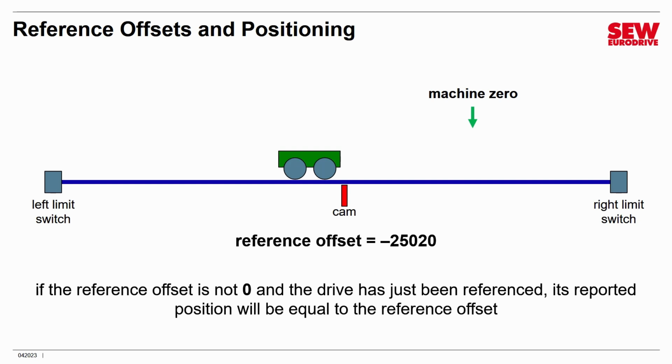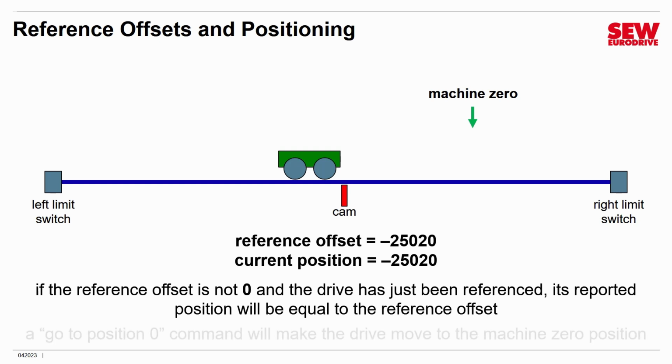Now, if we have just referenced the drive and we've just tapped the cam and stopped, you might think, well, shouldn't position be zero? Well, the answer is no, because we're not actually at zero. We're really at the reference offset. So in other words, it's going to report my position as being minus 25,020 when we complete referencing, not zero. That could be a little confusing, but if you stop and think it through, it makes perfect sense.